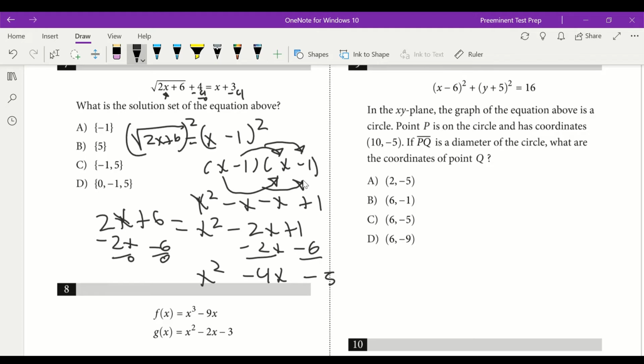So we're looking for factors of negative 5 that add to 4. So I'll go ahead and put this over here. Factors of negative 5 that add to 4. Or I'm sorry, factors of negative 5 that add to negative 4. Alright, so we know factors of negative 5 are negative 5 and 1. Negative 5 plus 1 equals negative 4, right?